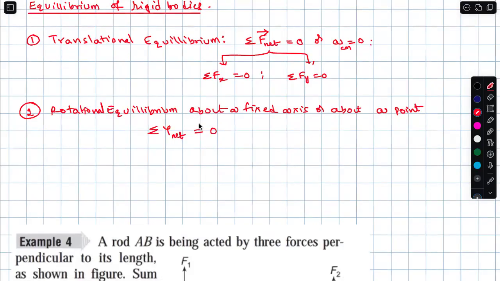You will choose a point on the axis, and about that point you will say that the net torque is 0. So three conditions: sigma Fx is 0, sigma Fy is 0, and net torque is 0. The body may be acted upon by n number of torques, but the net must be 0. If these three conditions are satisfied, you can say that it is in equilibrium. Any doubts in this? Right.